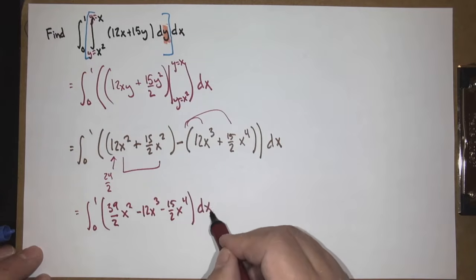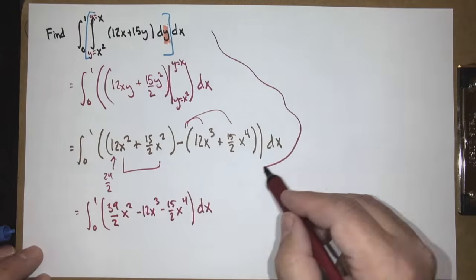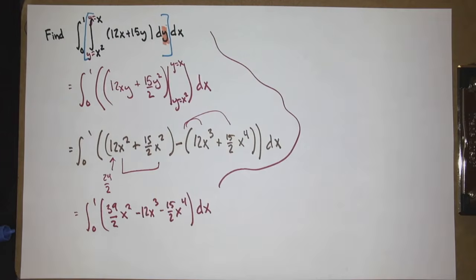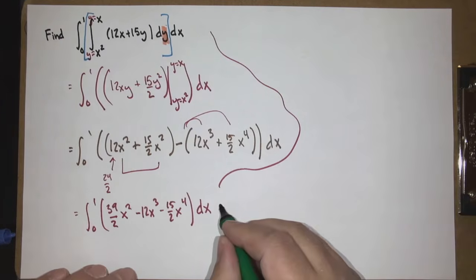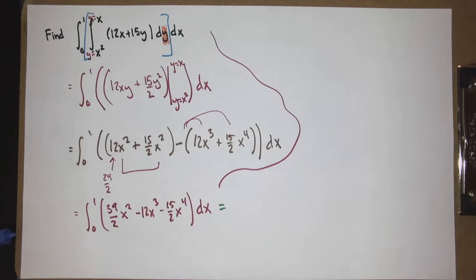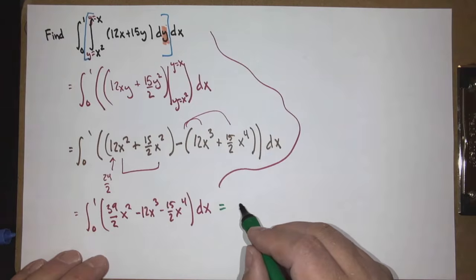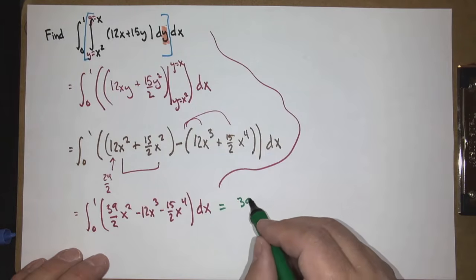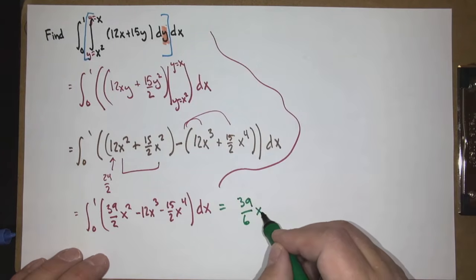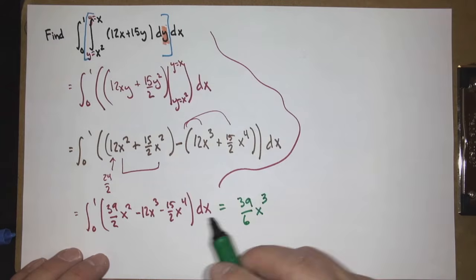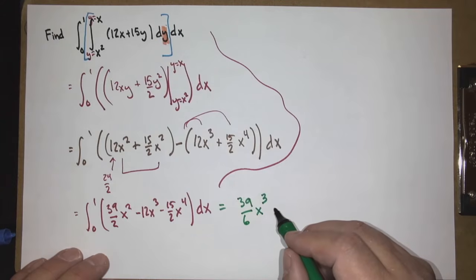All right, now we're back to a Calc 1 problem. Woohoo! Calc 1. All right. So, what's the integral of 39 halves x squared? So it's 39 over 6 x cubed. Integral of 12x cubed.